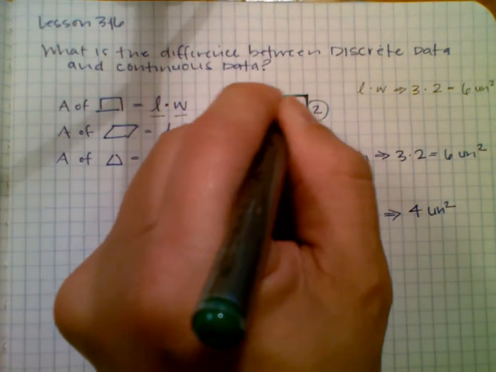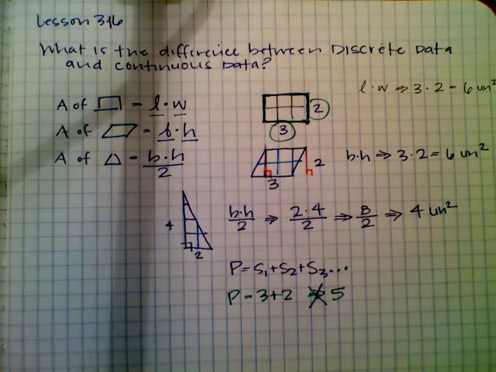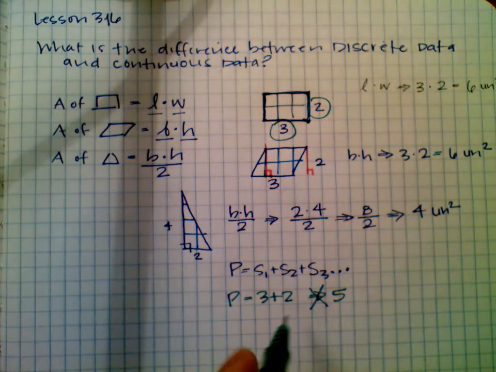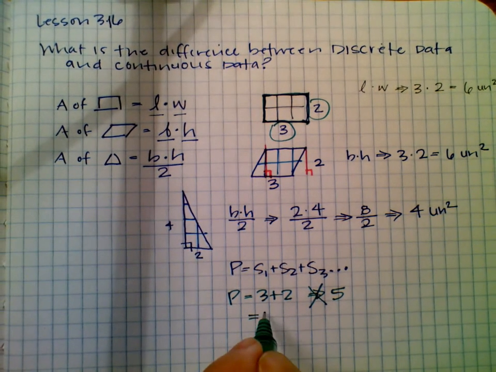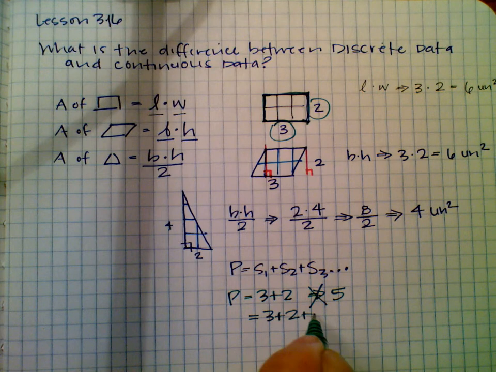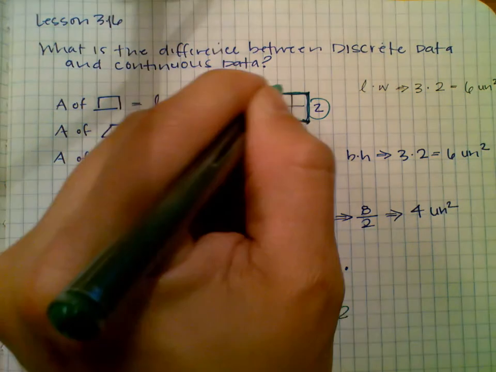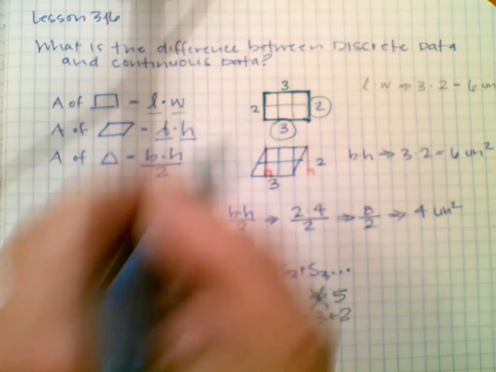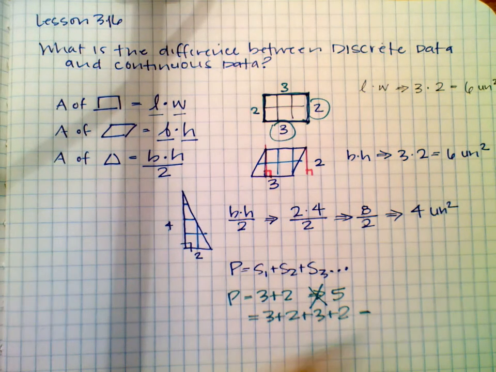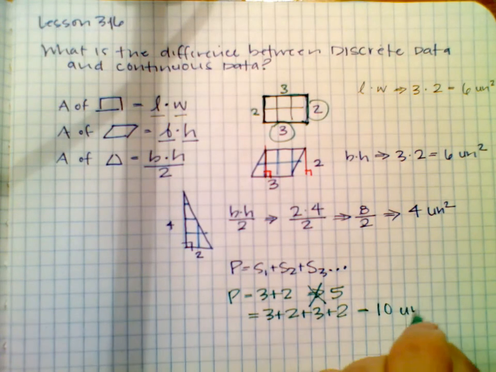You need to find a way to walk around the other half, and that's where we ran into problems. So instead of a perimeter being 5, actually our perimeter would be 3 plus 2 plus 3 plus 2, because this is a 3 and this is a 2, and then we get perimeter equal to 10 units.